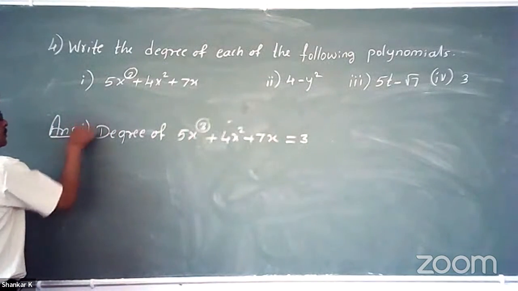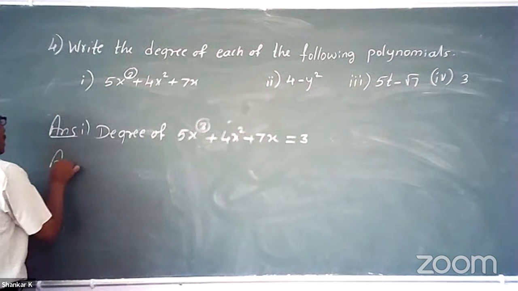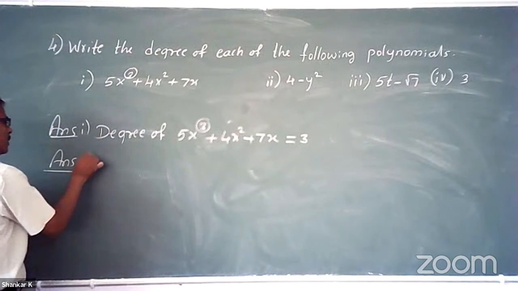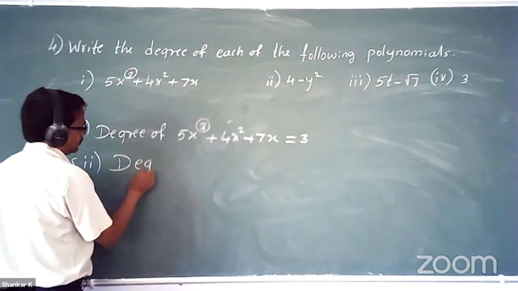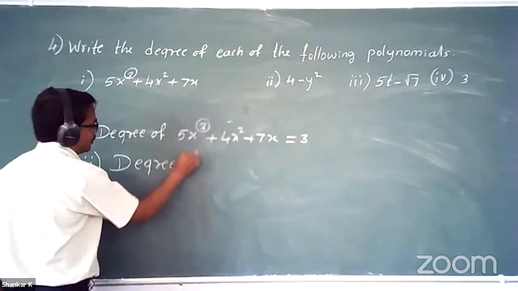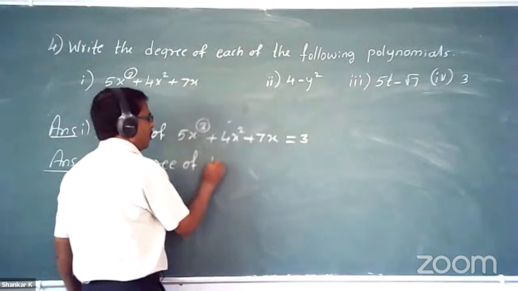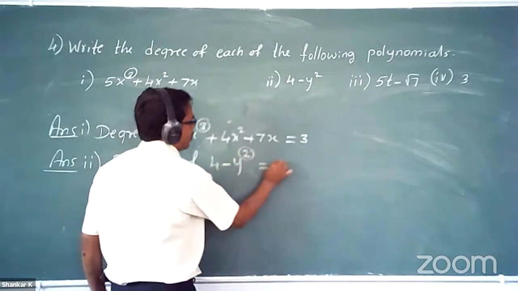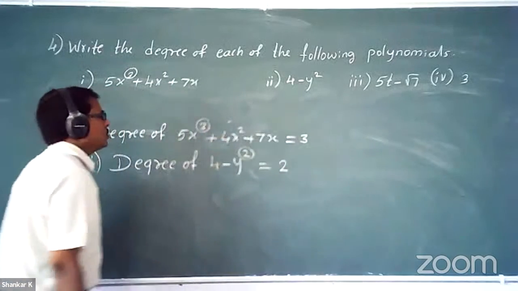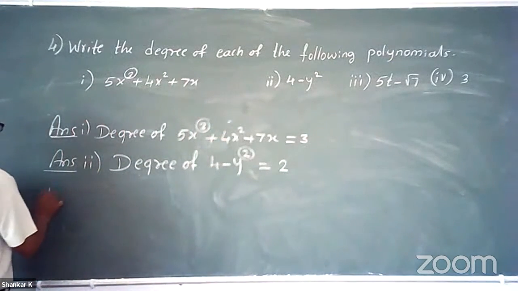First one, then answer. Second, degree of 4 minus y square is 2. Highest power is 2. Therefore, degree is 2.